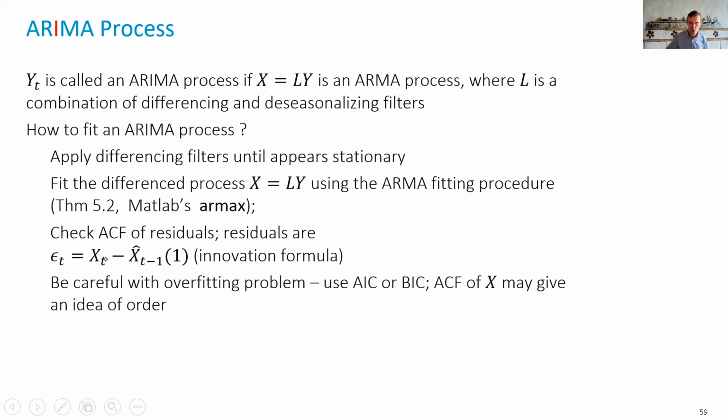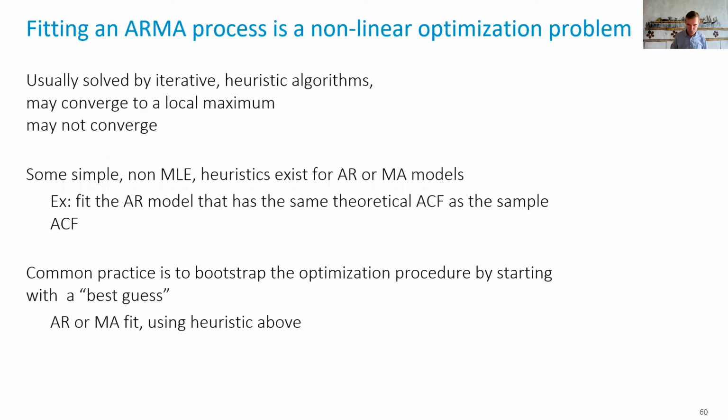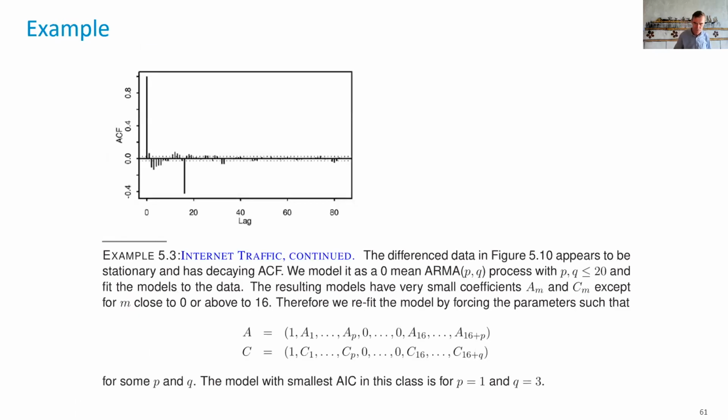For all of these processes, the noise term is given also by the innovation formula. And as we have done in the previous cases, once we can estimate the residuals, we can check whether our fitting is okay. How do I do that? Well, by looking at the ACF and seeing whether the residuals are uncorrelated. For example, for the time series we have seen so far, here is the autocorrelation function we find for the X values after applying differencing at lag 1 and 16.